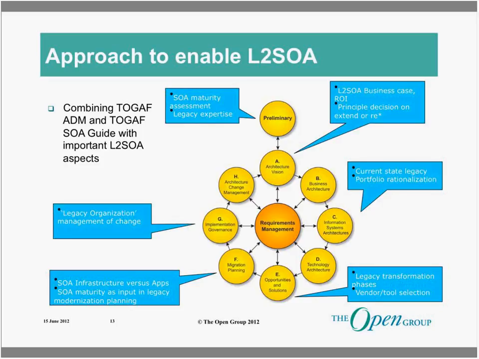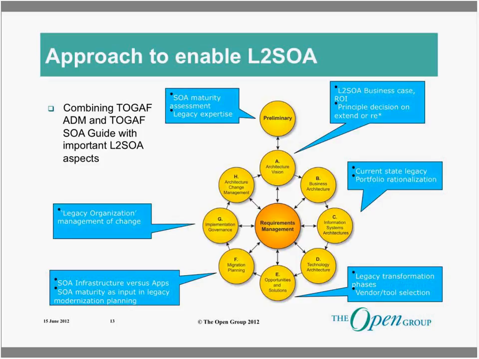That means that you will see in the guide, per phase, specific legacy to SOA attention points. So it extends the guidance in the TOGAF SOA guide and ADM. I'll provide a couple of examples of that, not the whole list, but you'll see some of those aspects in the blue boxes.